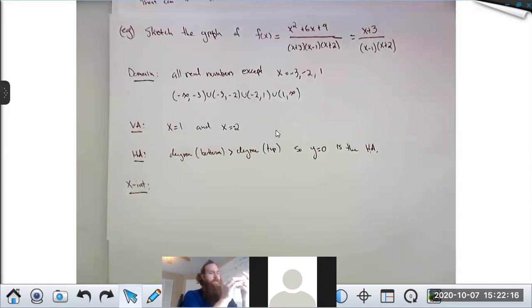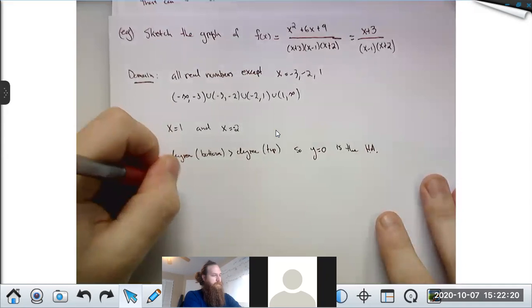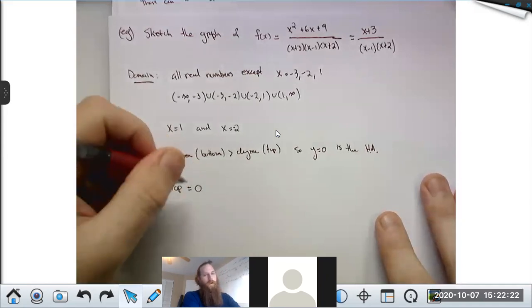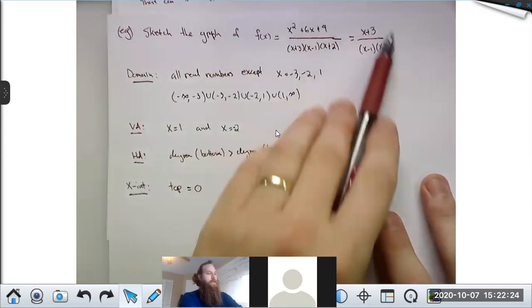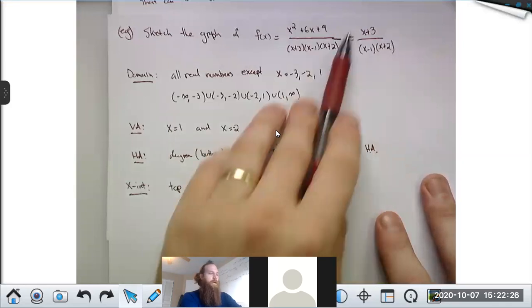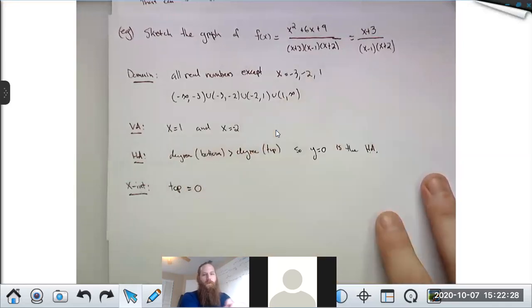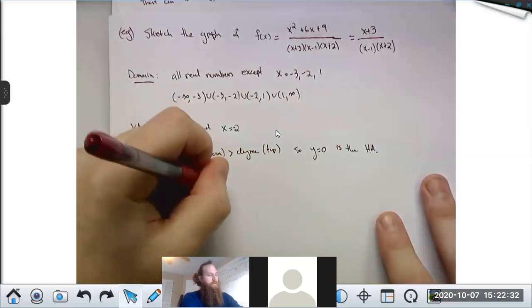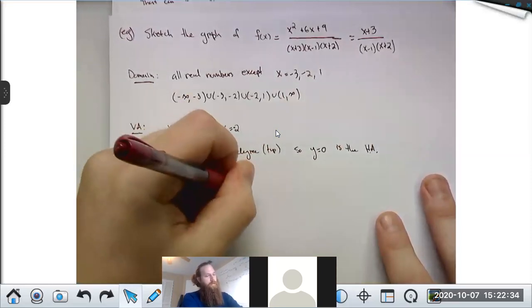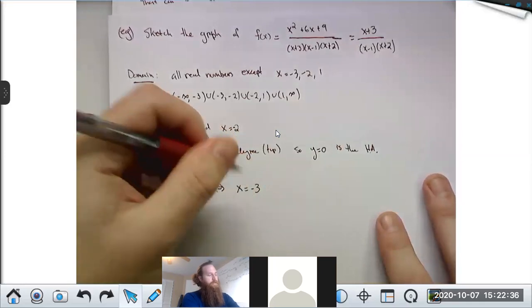Now the top is equal to 0 here when x is equal to negative 3. Right? When is a fraction equal to 0? Well, this whole big thing is equal to 0 when the numerator is 0. That's how fractions work. So this means when x is equal to negative 3.